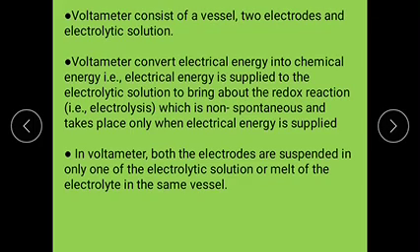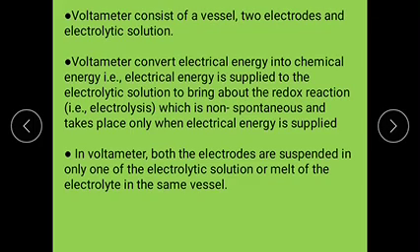That is, electrical energy is supplied to the electrolytic solution to bring about the redox reaction, that is electrolysis, which is non-spontaneous and takes place only when electrical energy is supplied.